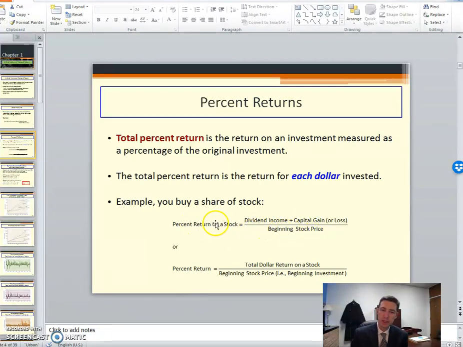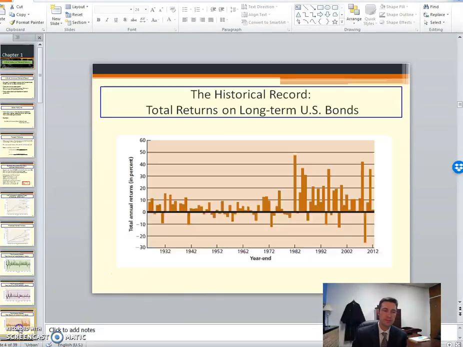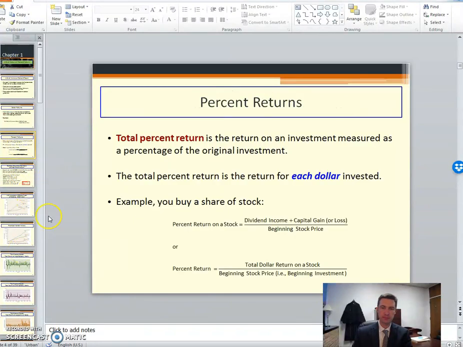So the percent return on a stock is equal to dividend income plus capital gain, divided by the beginning stock price. This is where you scale. You're basically scaling your gains by the initial investment that you made, so you end up with a percent return on your investment. That's the percent return that we talked about.